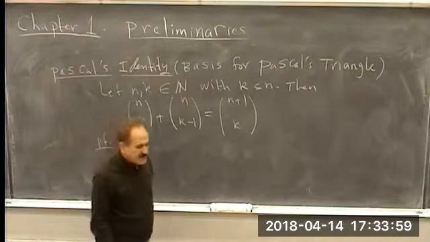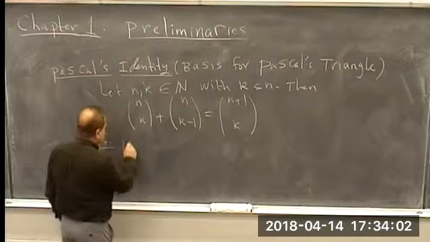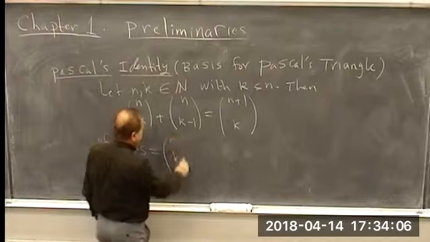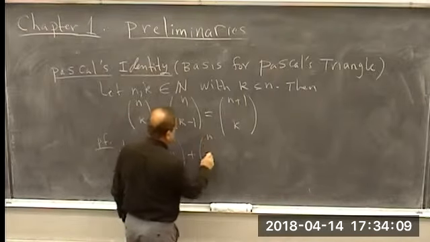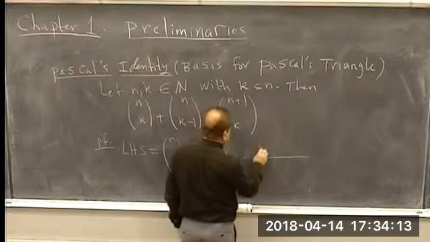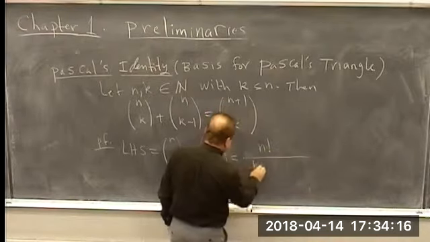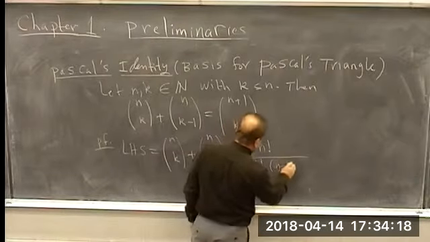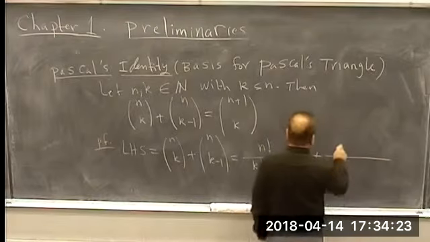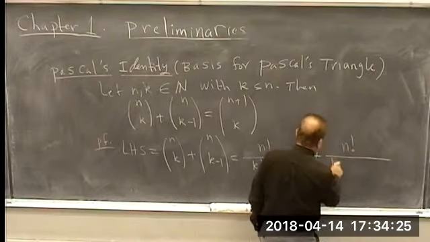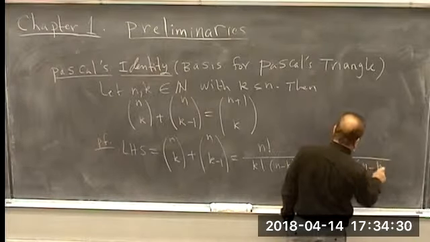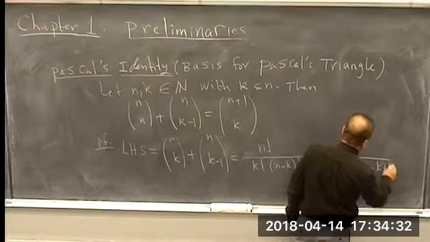Again, the idea is to take the left-hand side and see what you can do with it. This is equal to n factorial over k factorial times n minus k factorial, plus n factorial over k minus 1 factorial times n minus k plus 1 factorial.